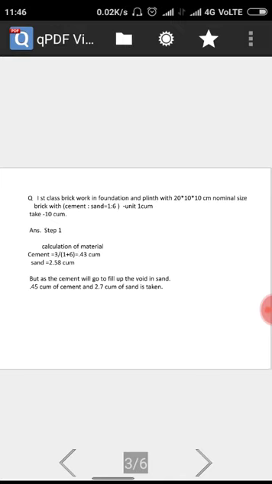For sand, it is 0.43 multiplied by 6, that is 2.58 cubic. As there will be some voids present, some cement will go to fill up those voids, so we take some more cement. We take 0.45 cubic of cement and 2.7 cubic of sand.